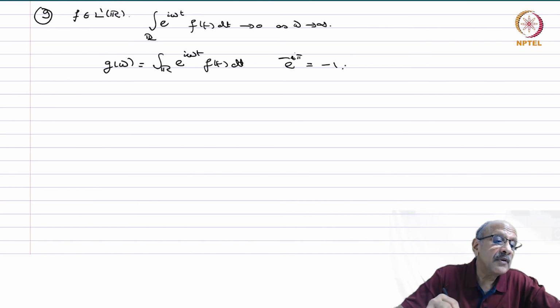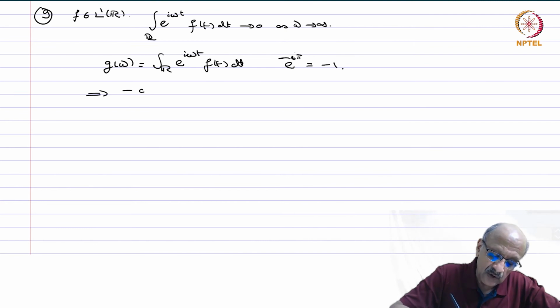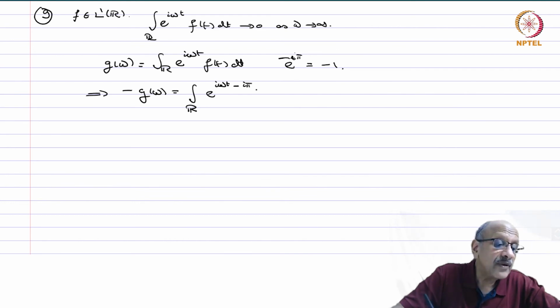Okay, e^{-iπ} is minus 1. e^{iπ} is minus 1, and e^{-iπ} is also minus 1. So I am going to multiply by minus 1. So minus g(ω) equals the integral over R of e^{iωt - iπ} f(t) dt.